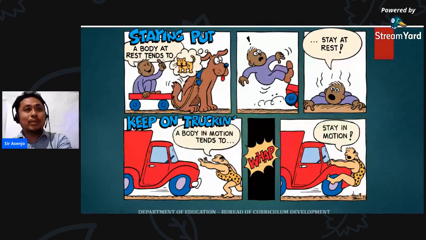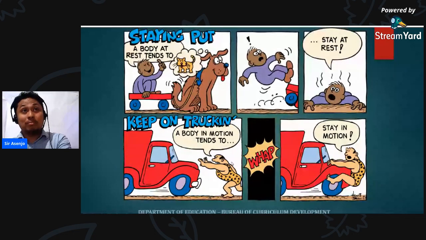According to this idea, a body at rest tends to stay at rest. That is why when the dog moves, because the dog sees the cat, the cart moves, but the boy remains where he was. So he fell down.